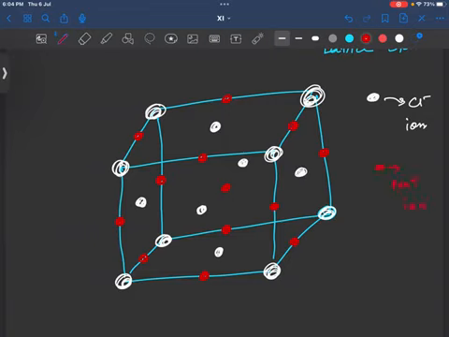So this is the lattice of NaCl. NaCl कैसे exist करता है? समझ में आ रहा है? एक regular structure में होता है.